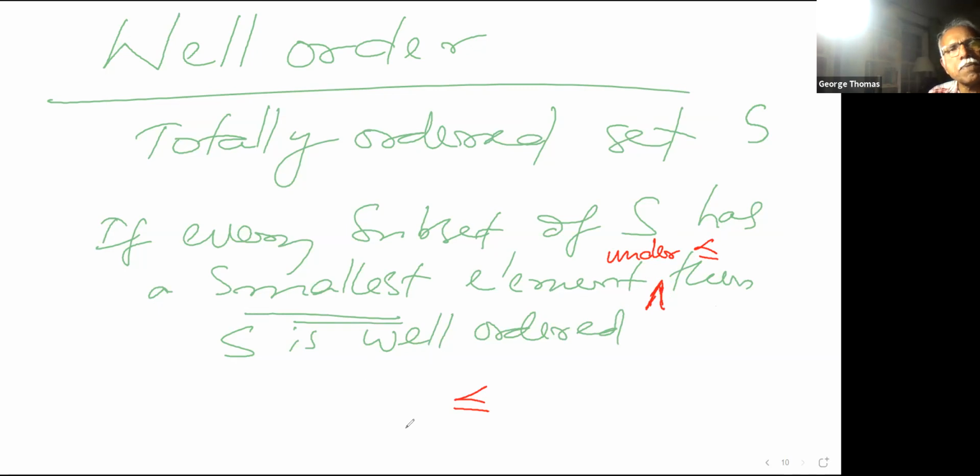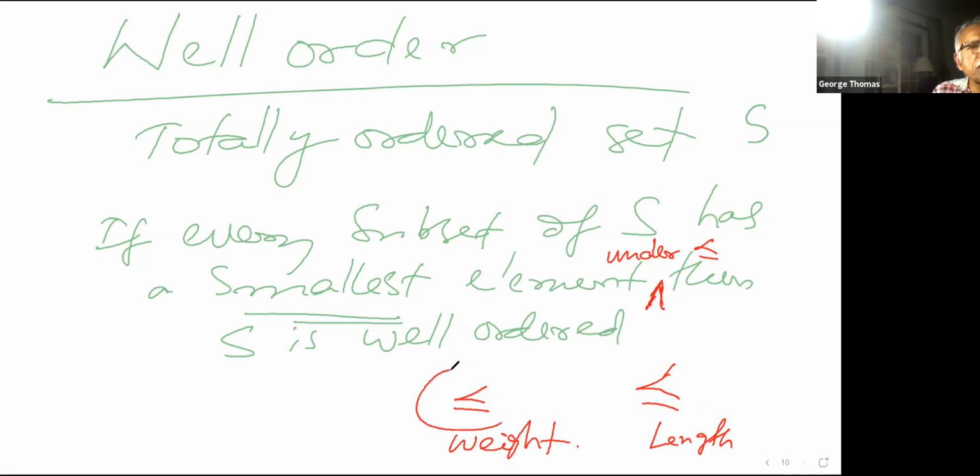A person may be smaller than another person in weight. So the order here might be weight. Or a person can be smaller than another person by way of length or height. And there are so many conditions, so many different ways you can compare. So anyway, let me give you the last example.